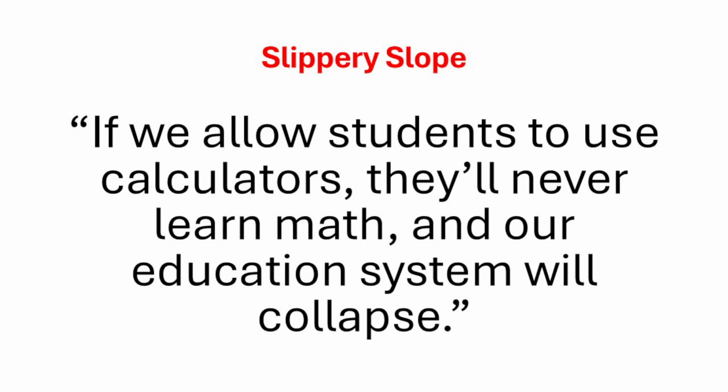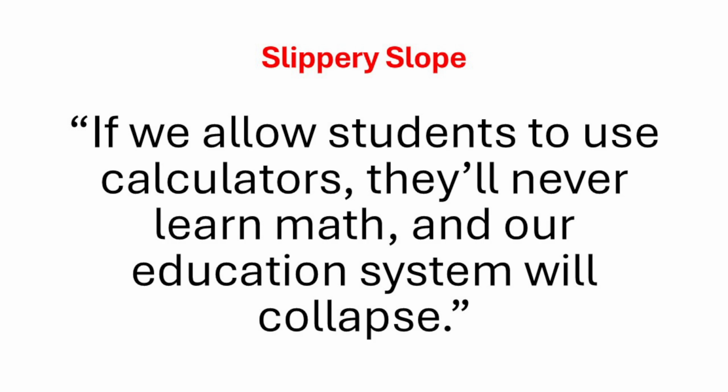So if you remember from literally about a second ago, the slippery slope fallacy claims that taking one action will inevitably lead to an extreme and undesirable outcome without providing any evidence for such a progression. So there are some variants of the slippery slope fallacy that we'll see and experience all the time.